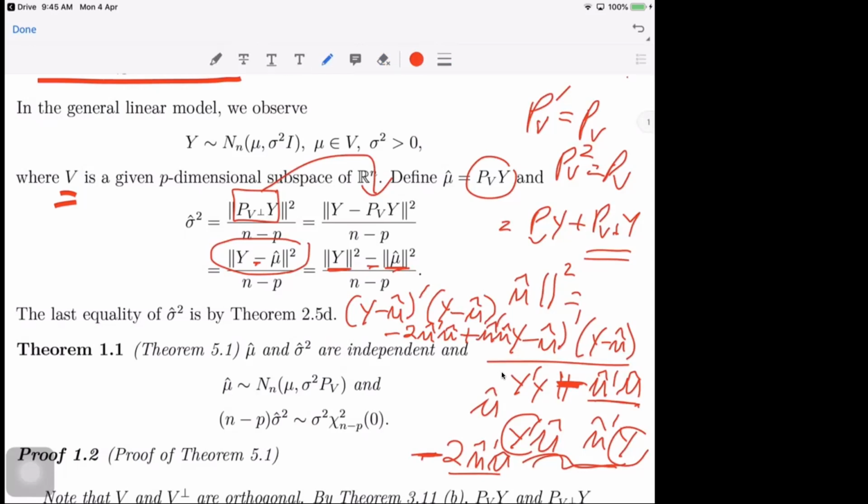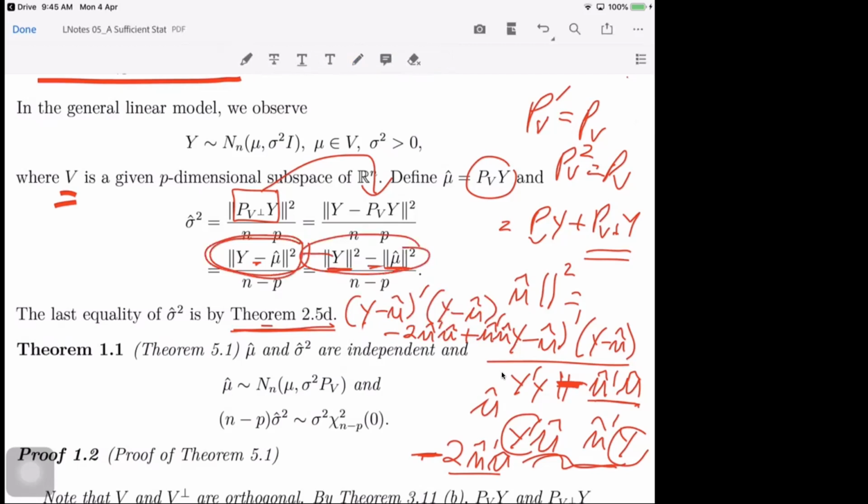The last equality for sigma hat is by theorem. We have actually derived that by theorem 2.5d, so just look at the proof of theorem 2.5d for why this one is equal to this one.